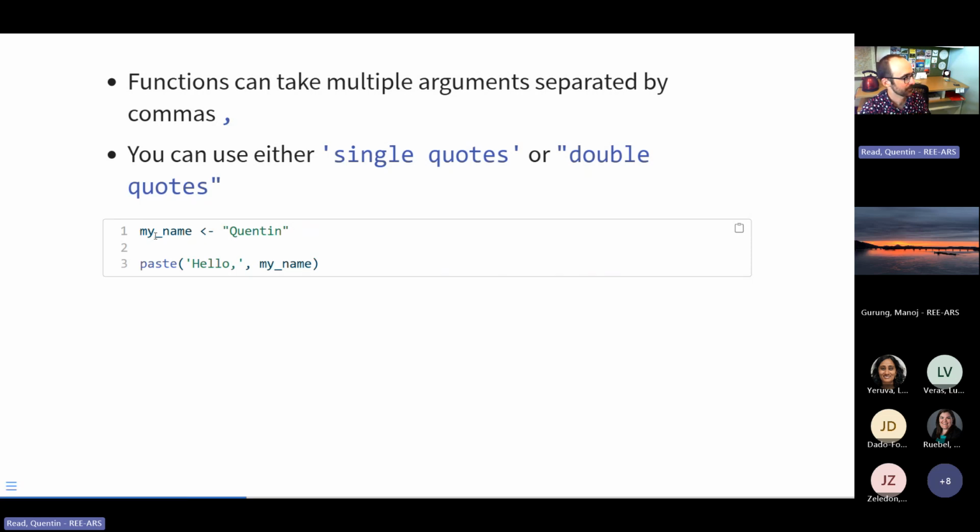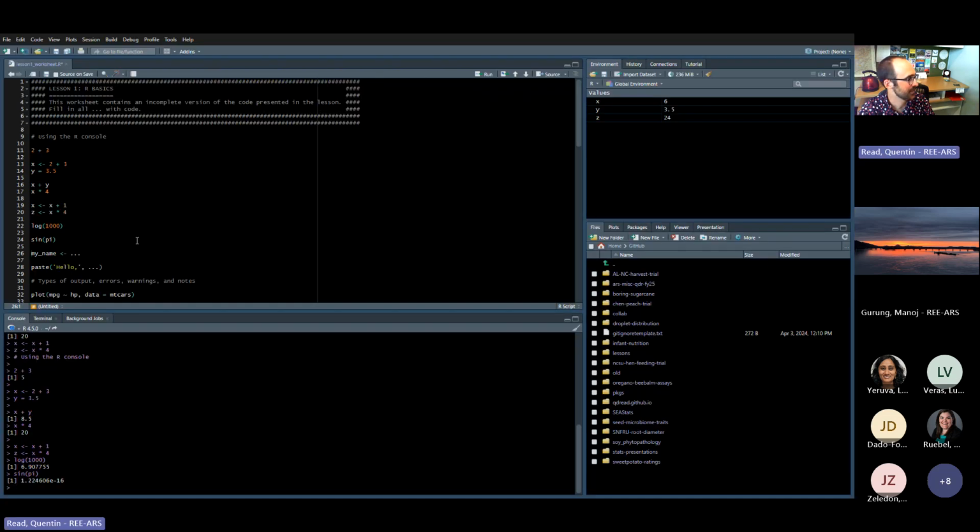We're going to make a variable called my_name and give it a value. I put Quentin, but you could put a different name there if you want, and then we'll paste together a string that says hello, comma, and a string for the name. Those are the 2 arguments to paste.